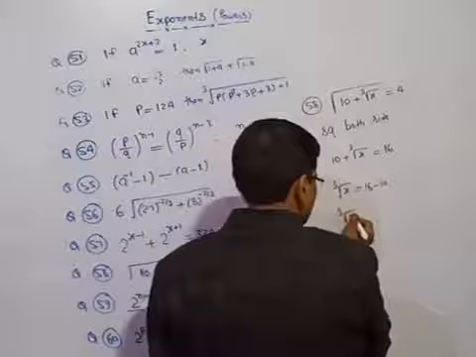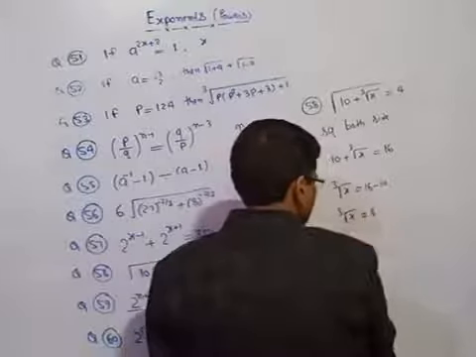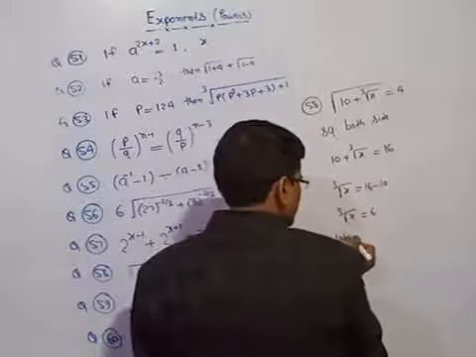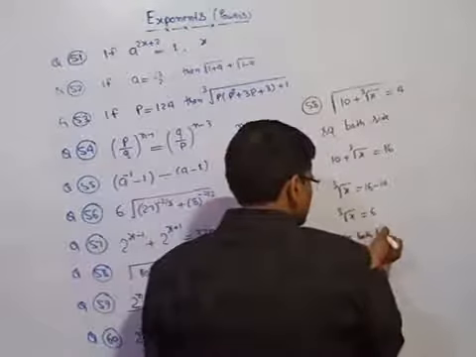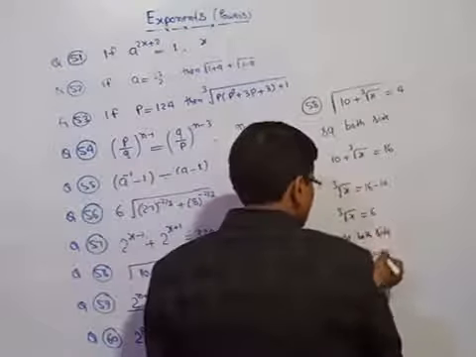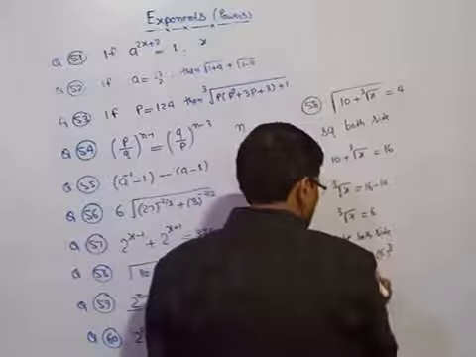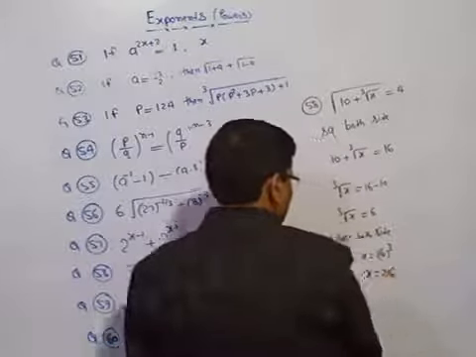Cube root of x equals 6. Cube both sides. Then the value of x equals 6 to the power 3. x equals 216. Clear now?